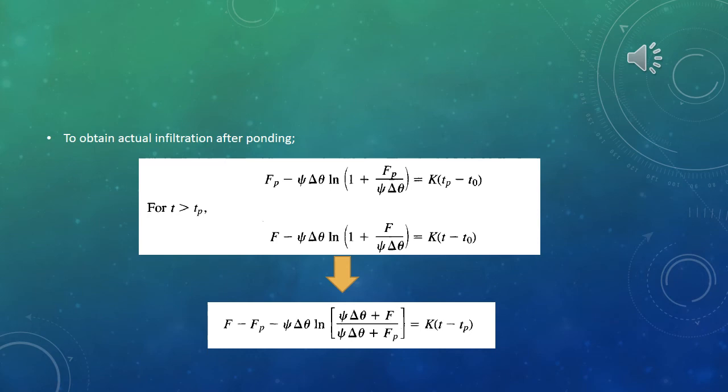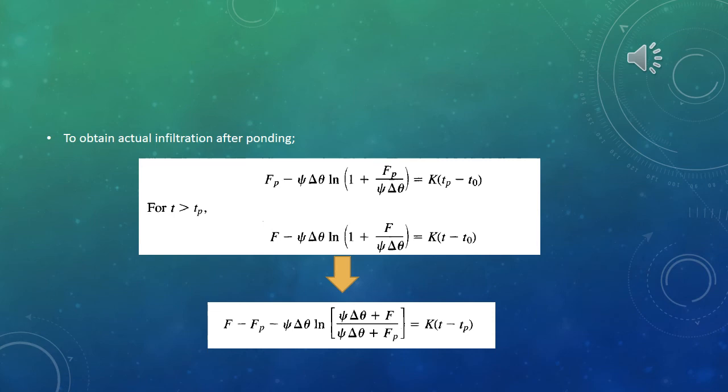where t is the total time minus t0, the beginning of the rain. So when we subtract them from each other, we are gonna find F minus Fp minus suction head times delta theta ln of suction head times delta theta plus cumulative infiltration F over suction head times delta theta plus ponding infiltration Fp is equal to hydraulic conductivity times (t minus ponding time), total time minus ponding time.